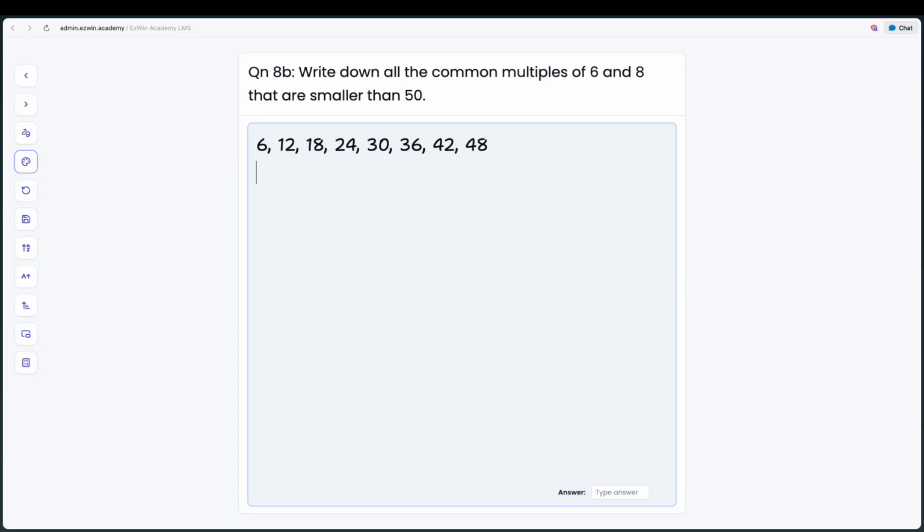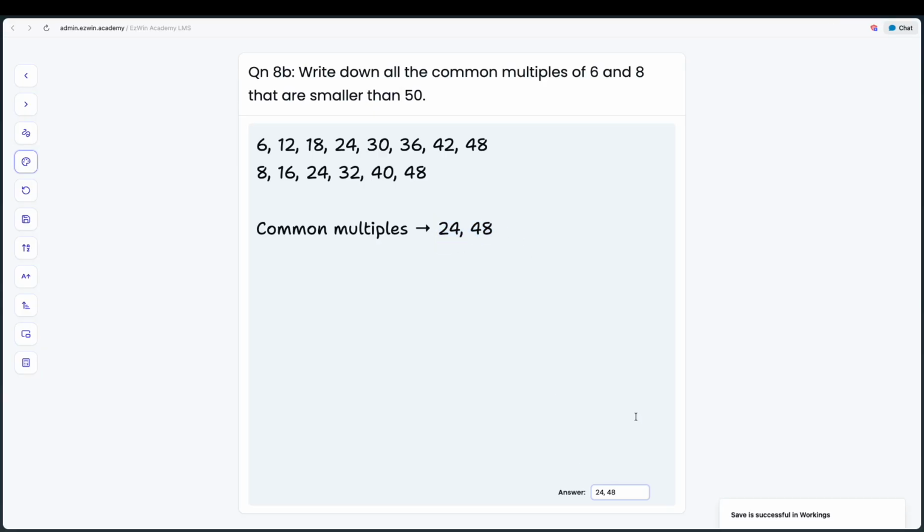So for 8 it will be 8, 16, 24, 32, and then we have 40, and then we have 48. So common multiples in this case will be, we have 48, right? And then what else? 24, right? Is that it? Yes, that's it. So it's 24 and 48 in this case over here.